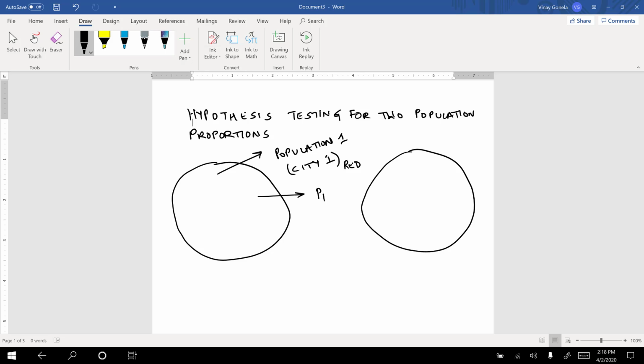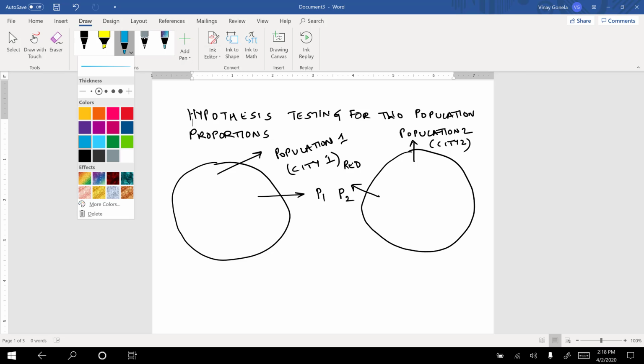Similarly, I have population 2, and suppose this is city 2. Again, I'm interested in knowing how many of the people like color red. So if it is P2 and I wanted to compare these two cities, three different instances can occur when we are comparing two different populations.